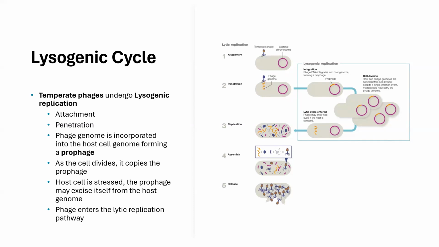And so a prophage is where the genome of the viral cell is getting replicated with the cell itself, but you're not getting the actual assembly of new virus. And then if the host cell is stressed, then you can get excision of that DNA, resulting in the packaging of new virions. And you go directly back into the lytic cycle.